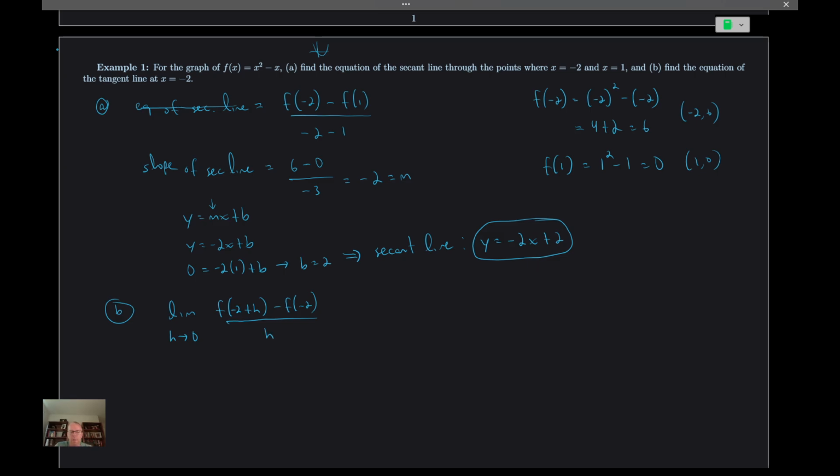So now we're going to plug in -2 plus h for both of the x's. We have -2 plus h squared minus -2 plus h, and then minus f of -2, which we know is 6, so minus 6, all over h.